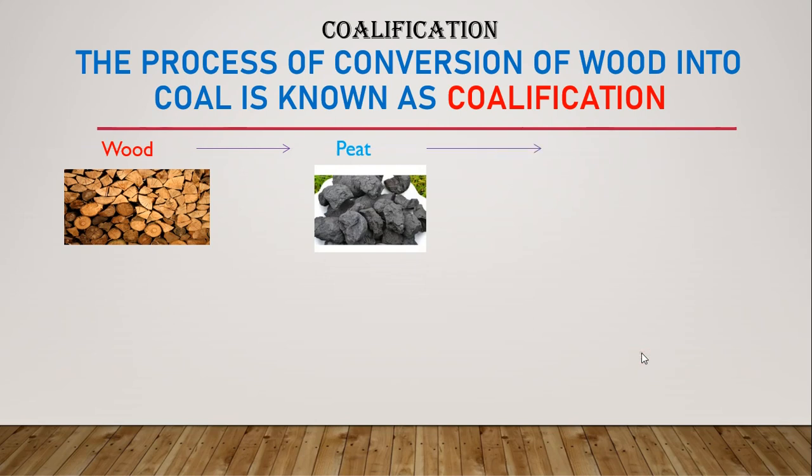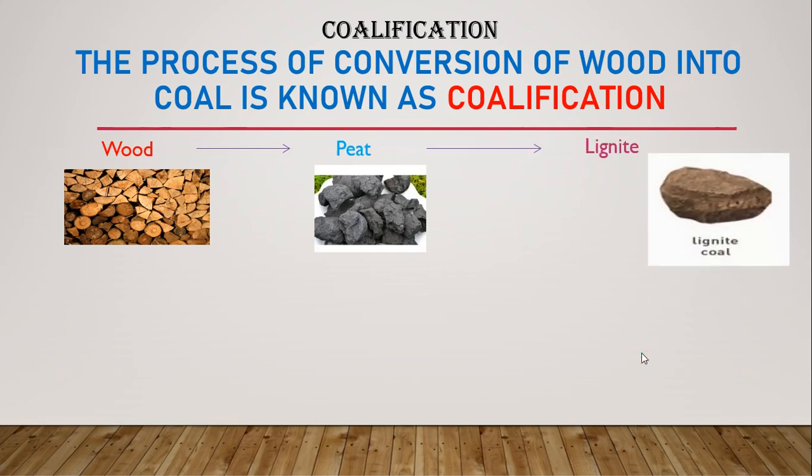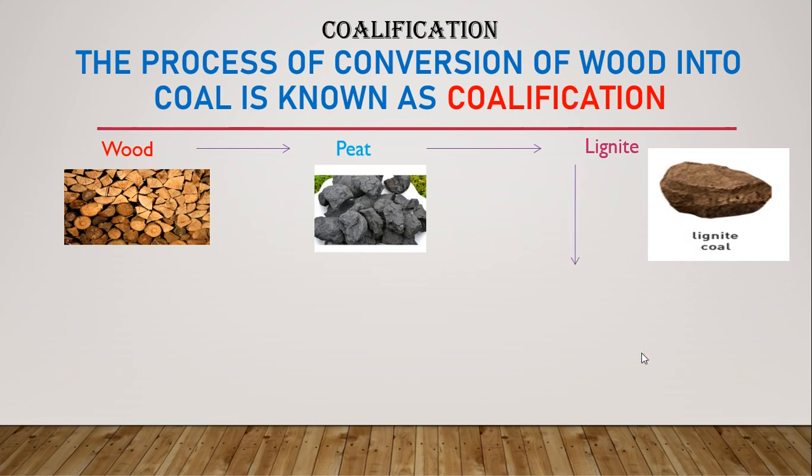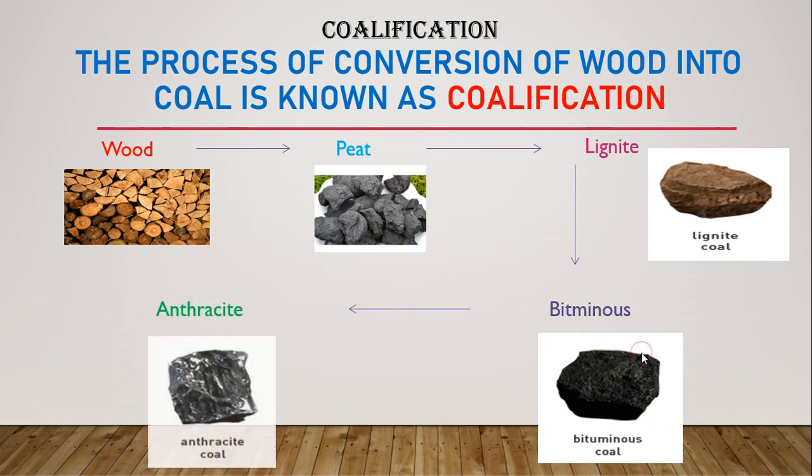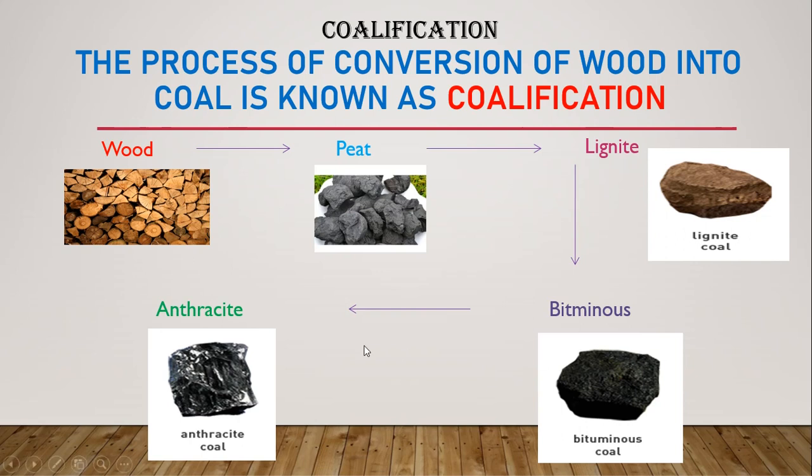Then peat is converted into lignite coal, which on heating converts into bituminous coal, and lastly bituminous coal on heating converts into anthracite coal. Now look here: the transformation of wood to peat, peat to lignite, lignite to bituminous and bituminous to anthracite.